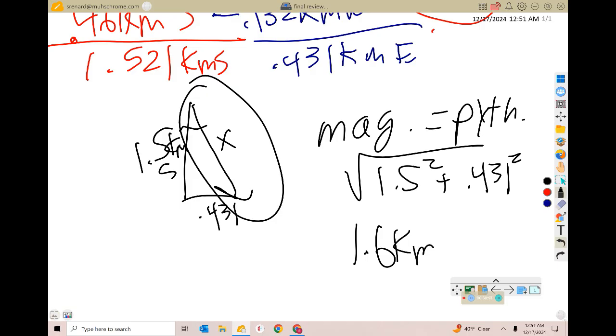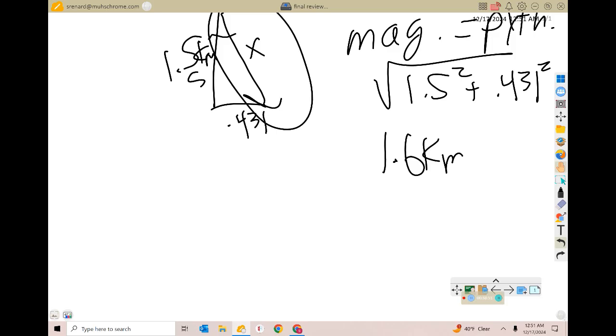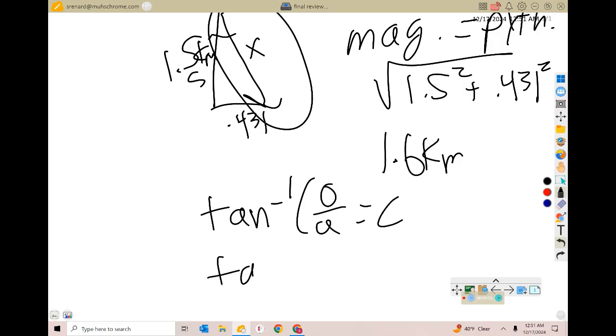Now we need the directional piece. And again, in your notes, you should have that what we use for the directional piece here is inverse tangent. Inverse tangent of opposite over adjacent is going to be our angle. So here the opposite of our angle is 0.431. The adjacent is 1.5. Drop that into the calculator.